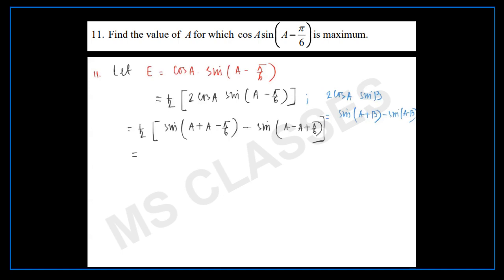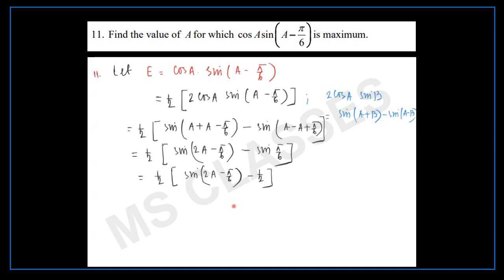Now this gives us half of sin(2A - pi/6) minus sin(pi/6). Further simplified, it is sin(2A - pi/6) minus sin(pi/6).